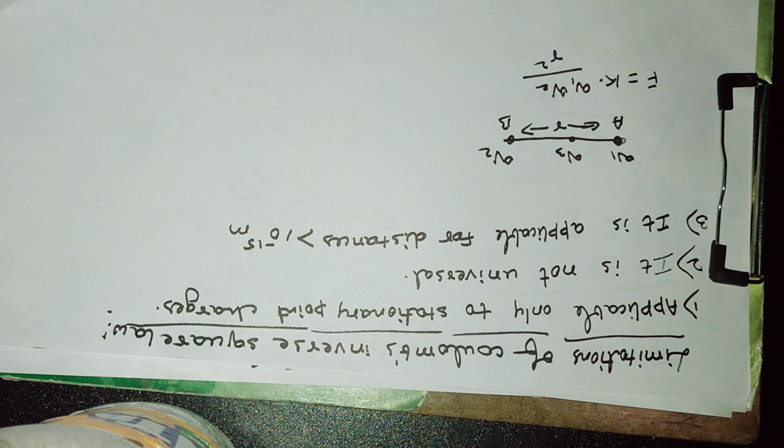We represented the Coulombic force in vectorial form, then defined the SI unit of charge, Coulomb. Today we discussed relative permittivity or dielectric constant, then represented the force between two charges in terms of position vectors, and also discussed the limitations of Coulomb's inverse square law.